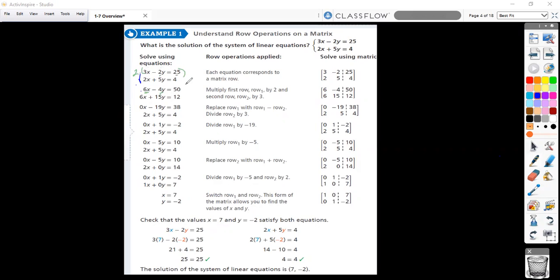And 2 times that 25 makes this 50. In the second row, multiply by 3. So 3 times that 2 makes this 6, and they're trying to get these two first numbers the same. So when they subtract these, 6 minus 6, they get 0. Negative 4 minus 15 is negative 19. And then 50 minus 12 is 38. And then they copied the second equation still down below.